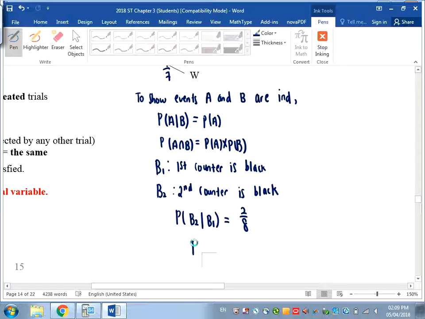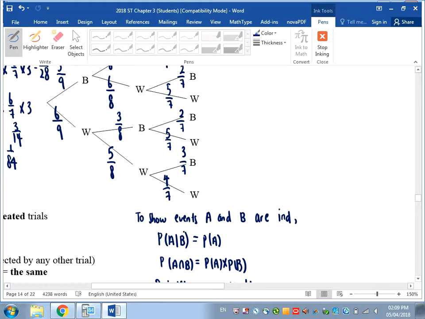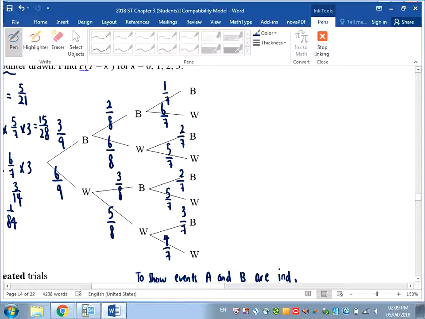Okay, now let's try to find what is the probability of B2, that the second counter is actually a black counter. So referring back to our tree diagram, actually I have 2 branches. The first branch will give me a second black counter, and I can also have this branch, selecting a white first and then a black. It will also result in the second counter being black. So altogether I got 2 branches.